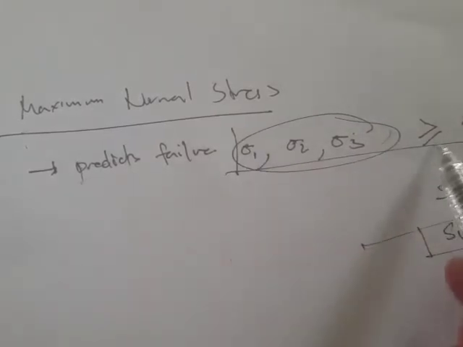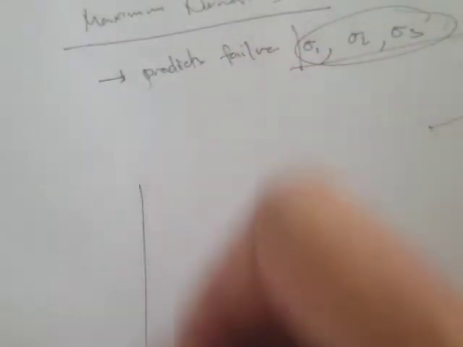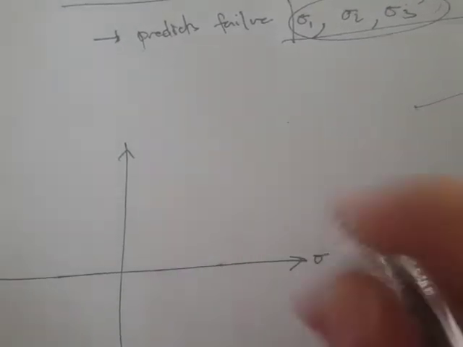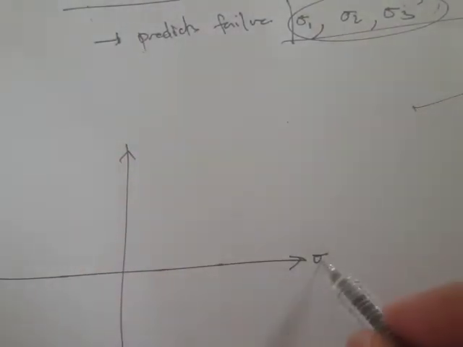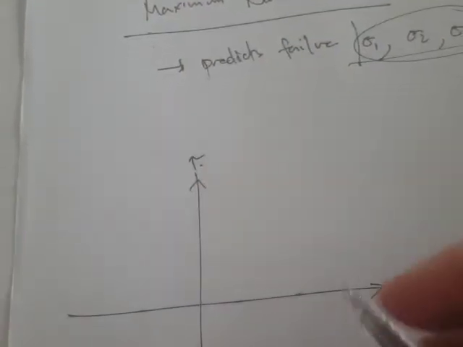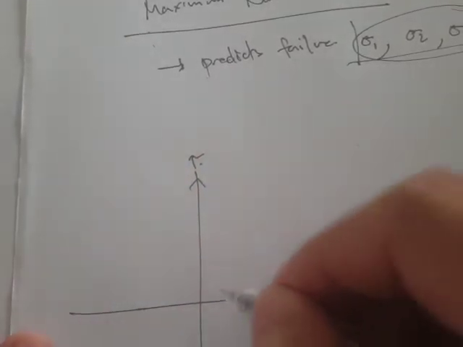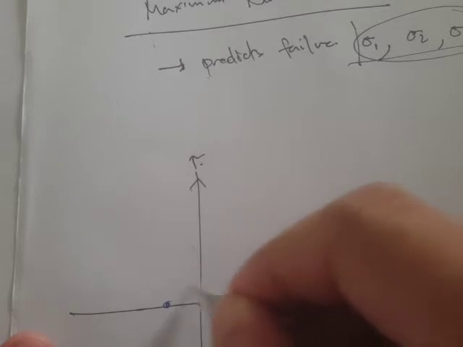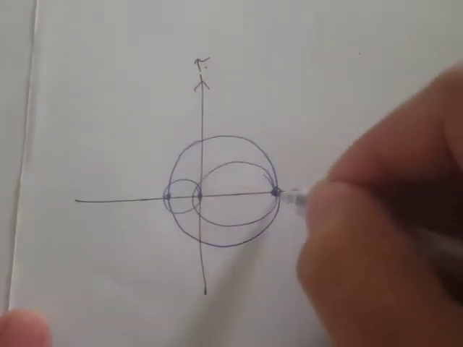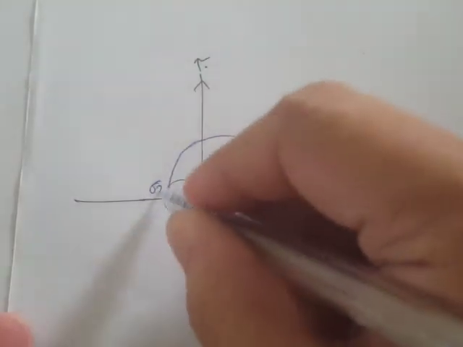Okay, so going back again to the maximum normal stress, it just predicts failure when the maximum stresses exceed the ultimate strength. What that means is if we draw the Mohr circle, and recall that a Mohr circle is a plot between the normal stresses and the shear stress. So let's say we have this Mohr circle right here, and we have these three principal stresses, sigma 1, sigma 2, and sigma 3.